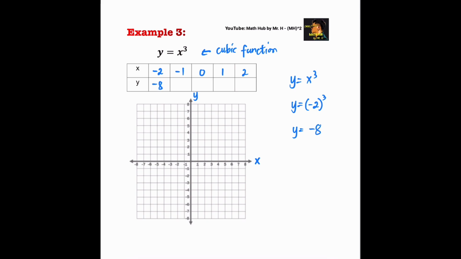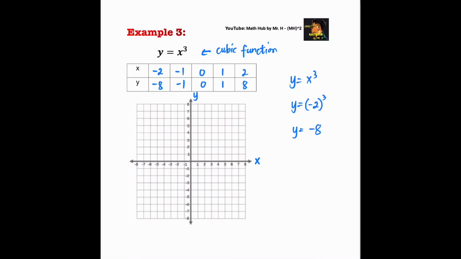And if x is -1, -1 times -1 times -1 is -1. If x is 0, then y will be 0. Again, 1 cubed is 1, and 2 cubed is 8.